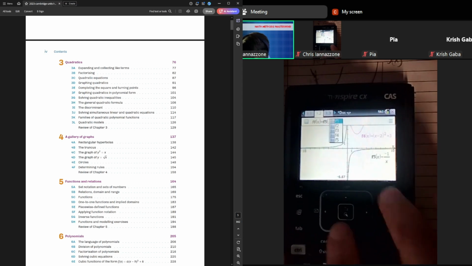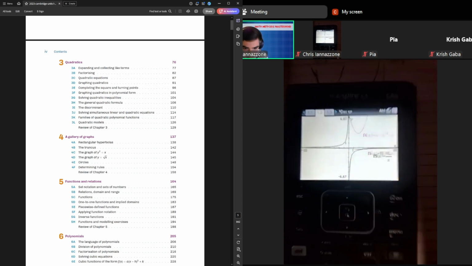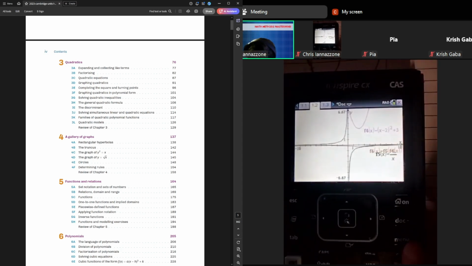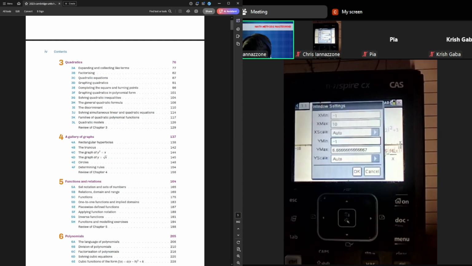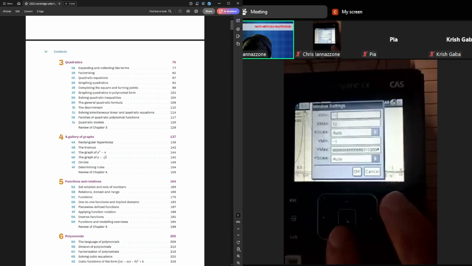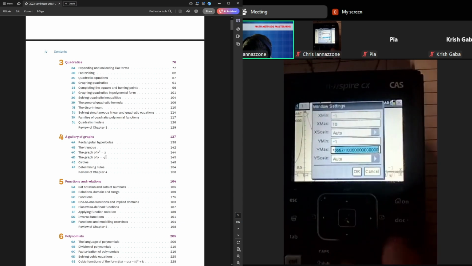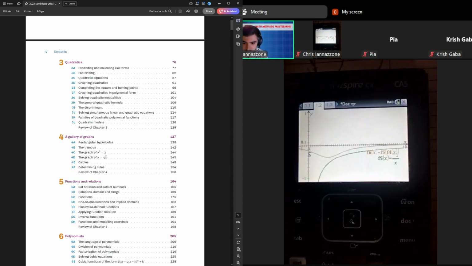So f5 of f4. And then you get that orange line, which is kind of hard to see. So let's change up the window a little bit. Let's do it from like -1 to 10, and then shrink this all the way down. Geez, even that. And so that yellow line is the net result you're looking for.